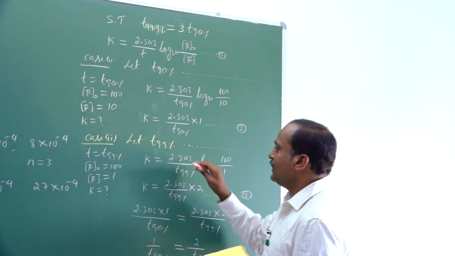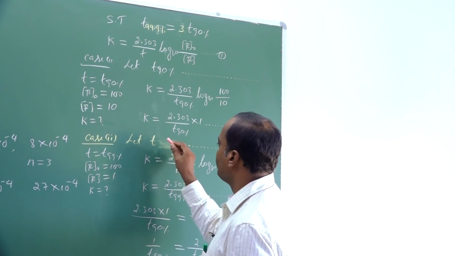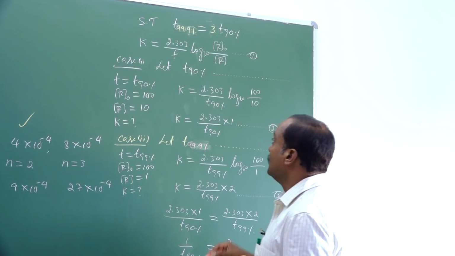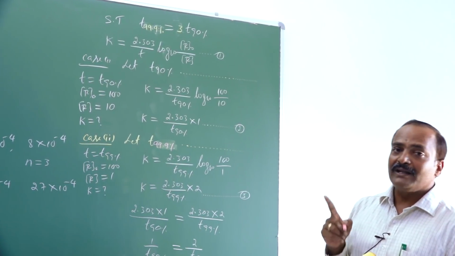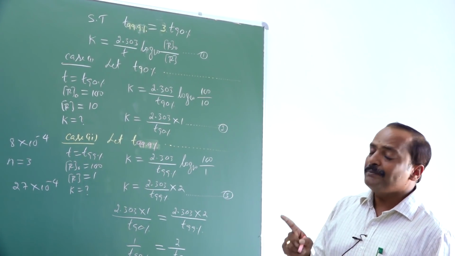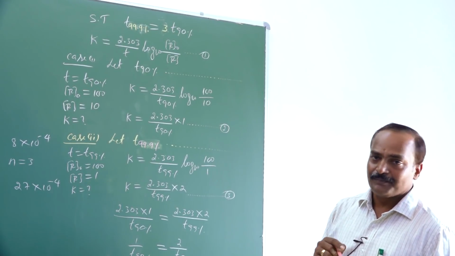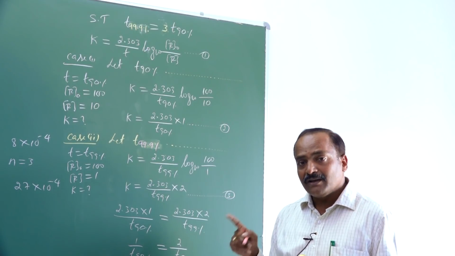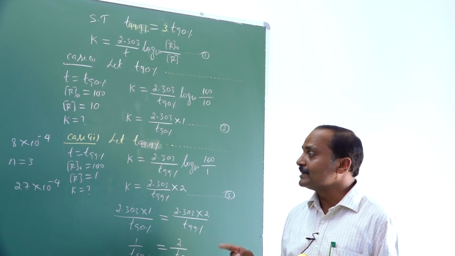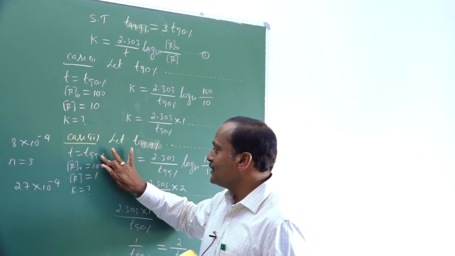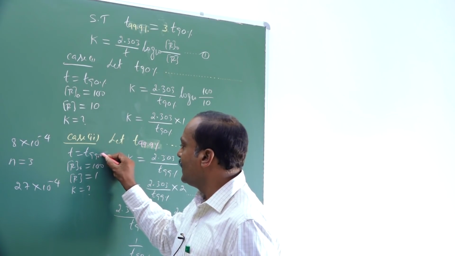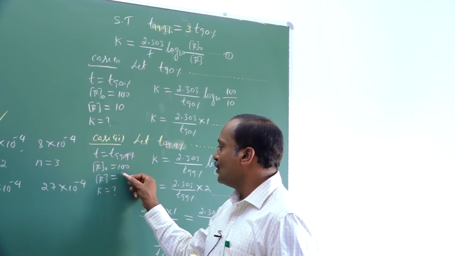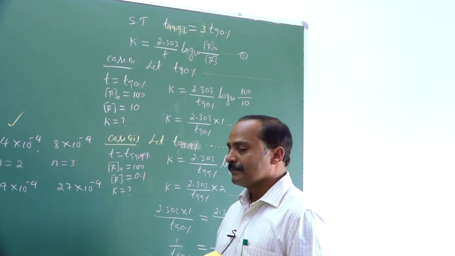Let t 99.9% be the time taken for 99.9% completion of the reaction. t is equal to t 99.9%, R naught is equal to 100, R is equal to 0.1.